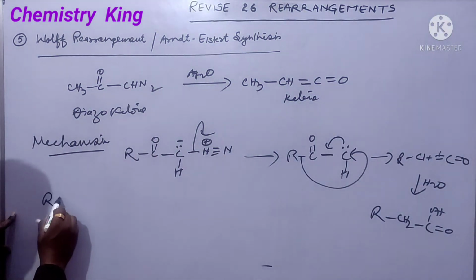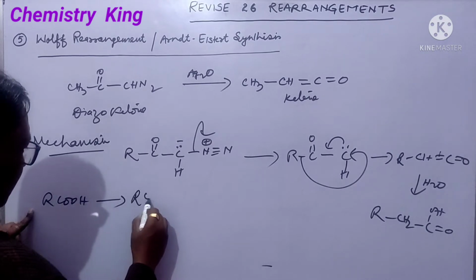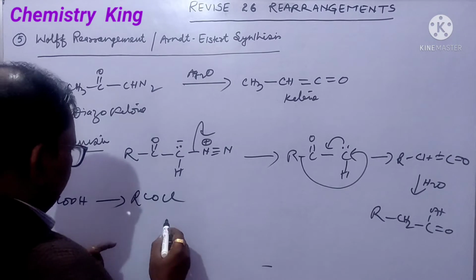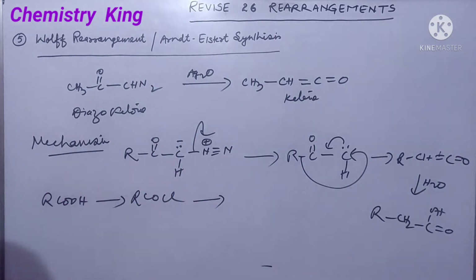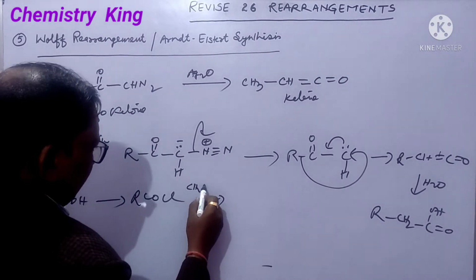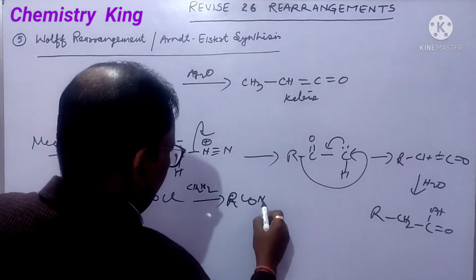Suppose it is RC-OH. When it is treated with thionyl chloride, you will get acyl chloride. When it is treated with diazomethane, CH2N2, you will get RCON2.